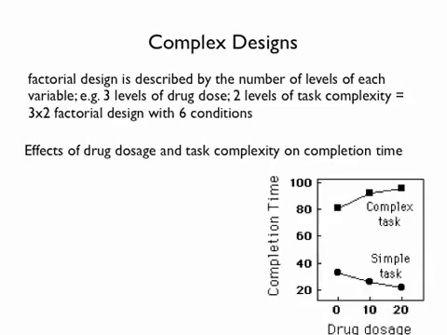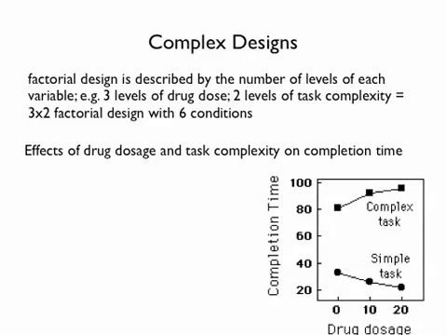Let's take a look at this example. So in the graph in the lower right hand corner here, you see data from a study where two factors, two independent variables, were manipulated. And you can tell what they are by looking at the graph. First of all, along the x-axis, you see that there is a measurement for 0, 10, and 20 on the scale for drug dosage.